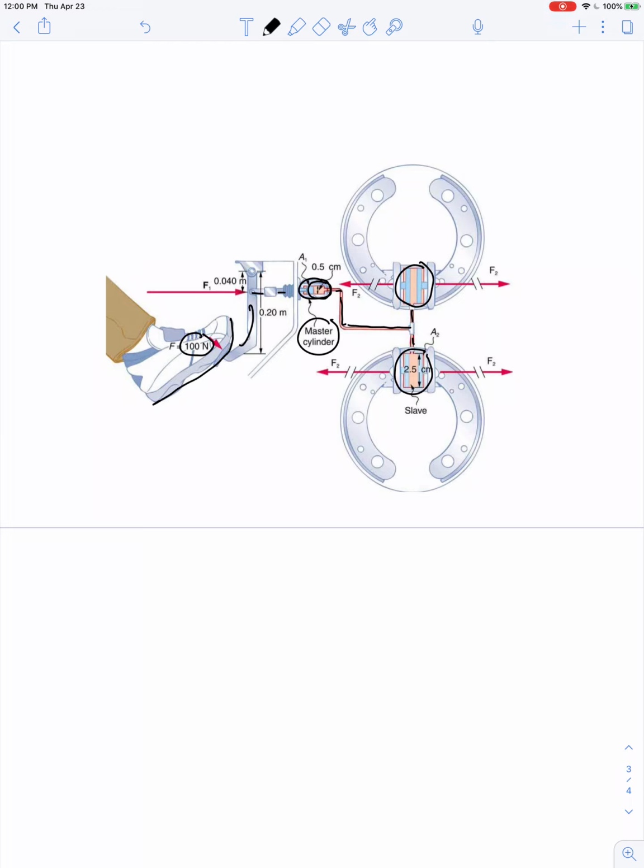Now, depending on how much greater the area is, the output force is that much greater than the input force. And it takes a large amount of contact force or normal force so that the friction force between the brake pads and the rotors is sufficient to slow your car down, right? Friction force is equal to coefficient of friction times normal force, and 100 pounds of normal force wouldn't be enough to do it, so we use a hydraulic system and take advantage of Pascal's principle.